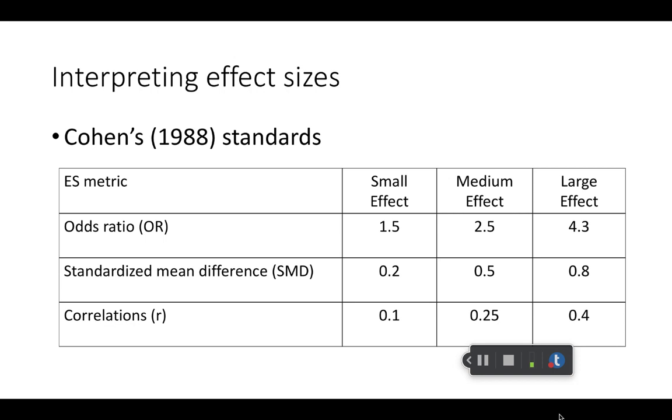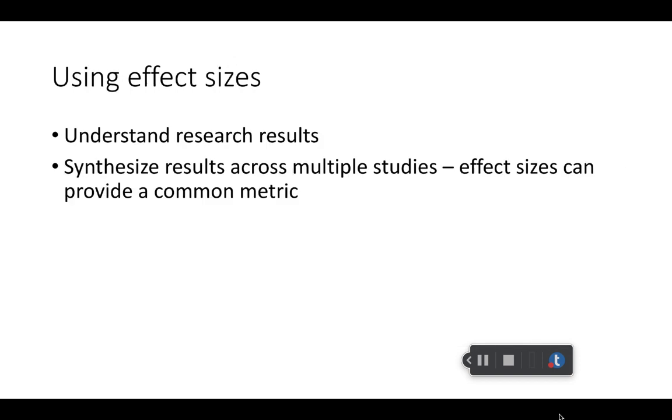And correlations, as I said before, 0.1 is a small difference, 0.25 is a medium effect, 0.4 large effect. So we use effect sizes a lot to understand research results and also to synthesize results across multiple studies. So effect sizes can provide us with common metrics for looking at results across studies in meta-analysis.